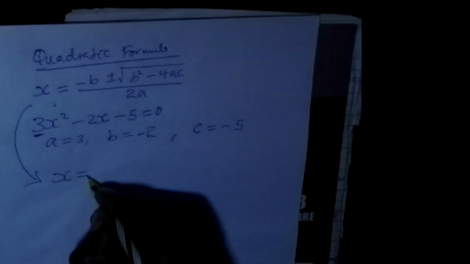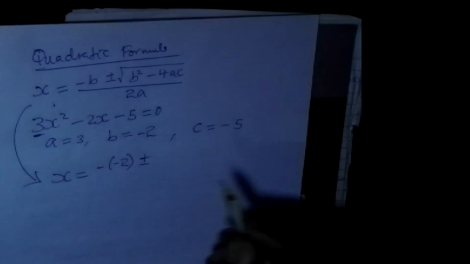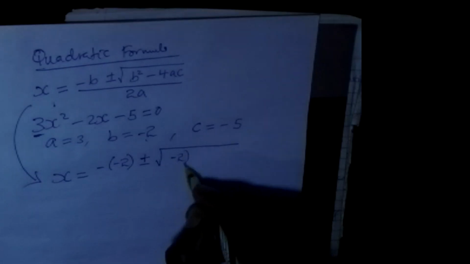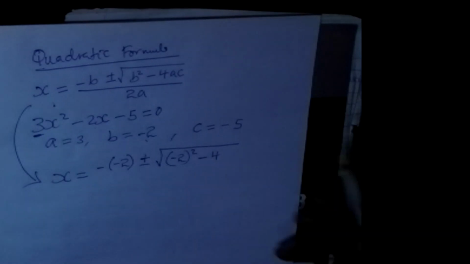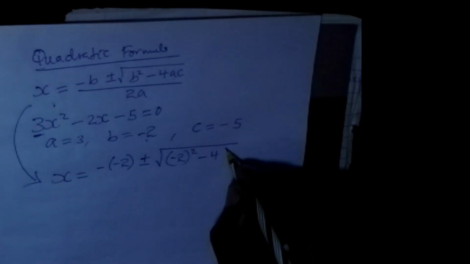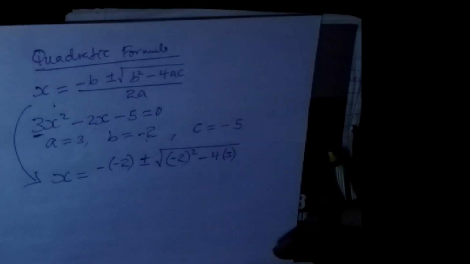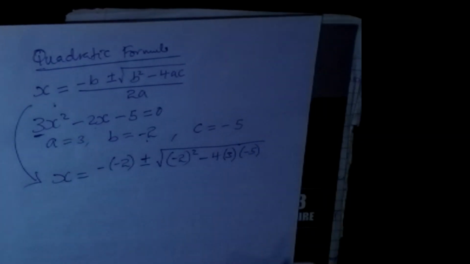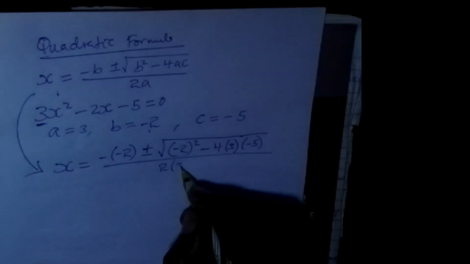So x will be equal to minus b, b is minus 2, then plus or minus square root of b, minus 2, we square it, then minus 4, a is 3, so we multiply by 3, and then c is minus 5, everything all over 2 times a, 3.